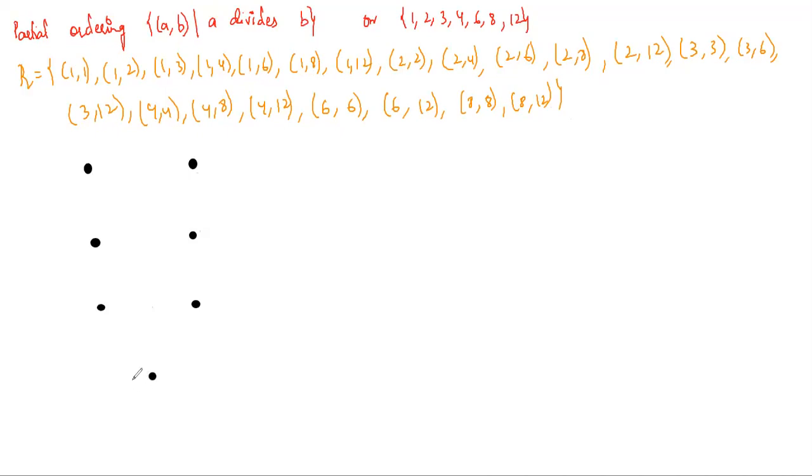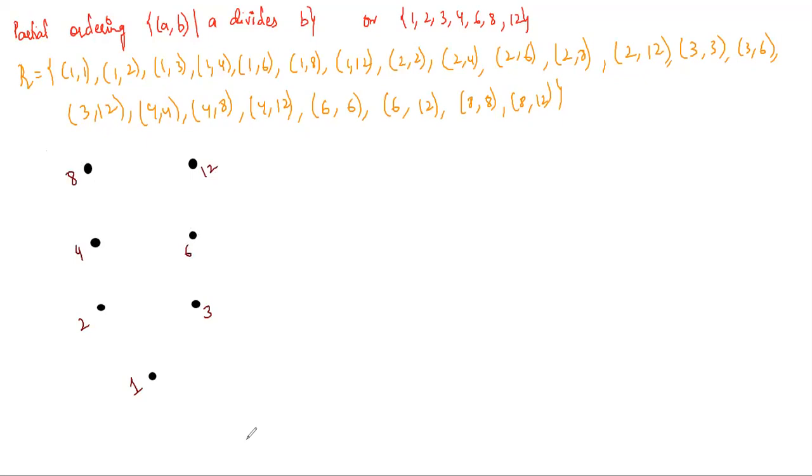Why is it? Because our Hasse diagram should always have the diagram in the upward direction. So this vertex is 1. Then we have these vertices 2, 3, because after 1 they are the initial vertices, but they are not the terminal vertices. Then this can be taken as 4, 6, 8 and 12.